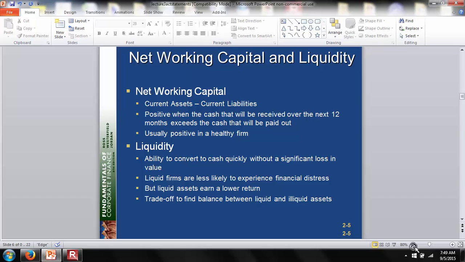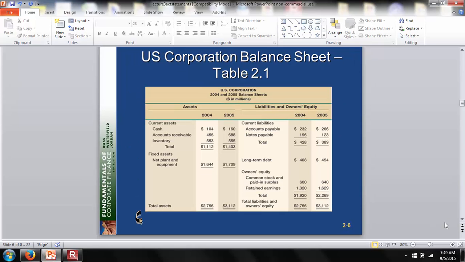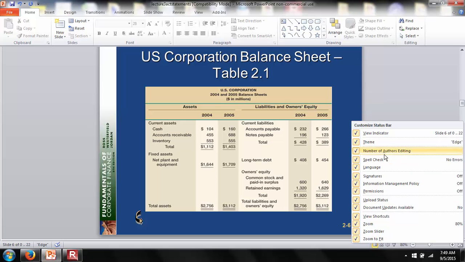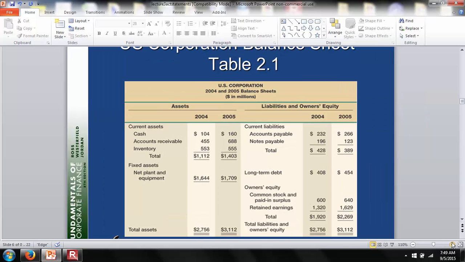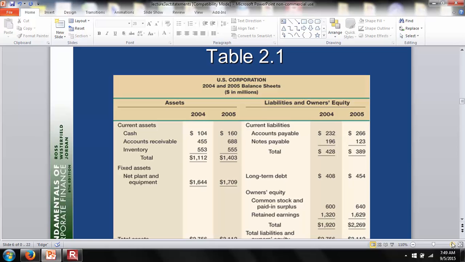Okay, so now we have the balance sheet of the firm, and it is over 2 years, 2004 and 2005. The first item for 2004 is the cash. The firm had 104 cash in 2004.